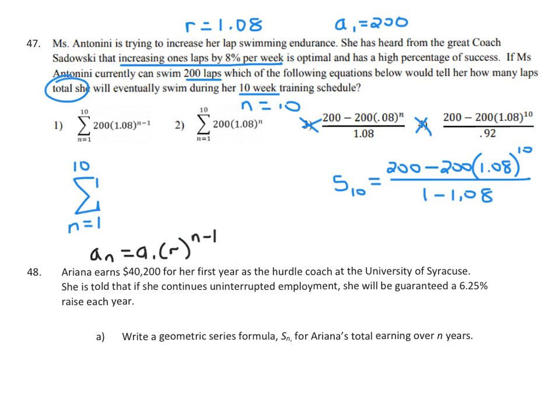So the first term is equal to 200, and then times r, which is 1.08, to the n minus 1 power. And that matches up with choice 1. So choice 1 is our answer.